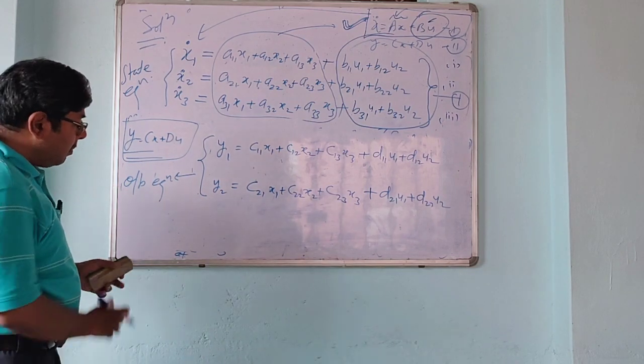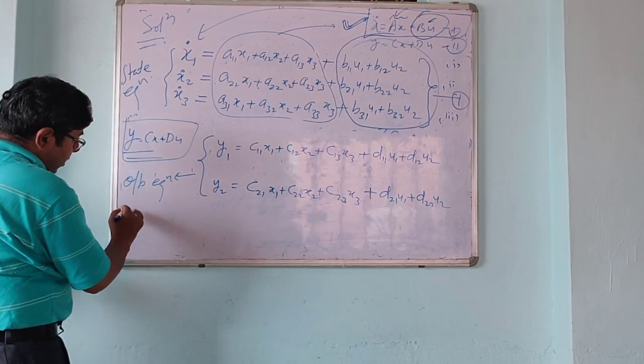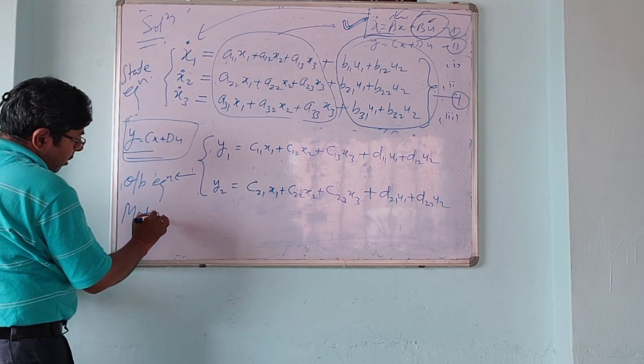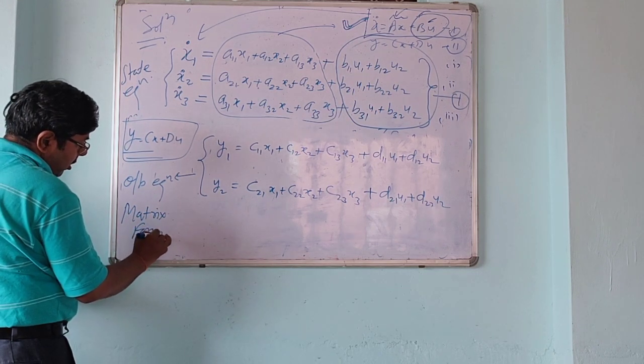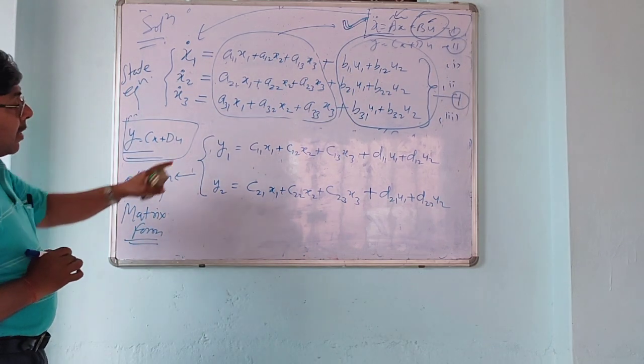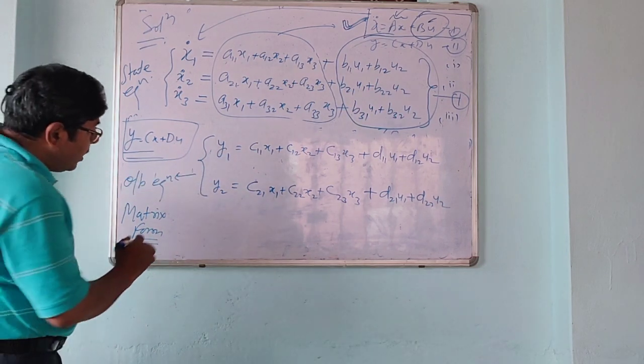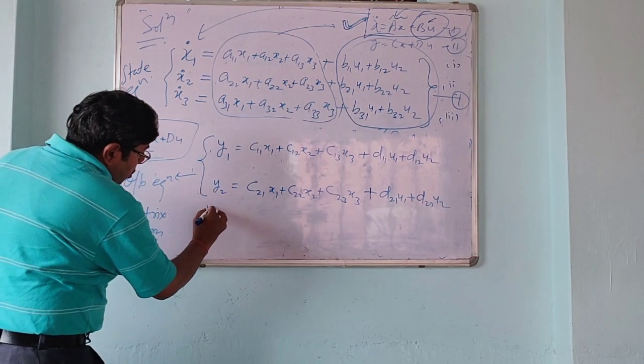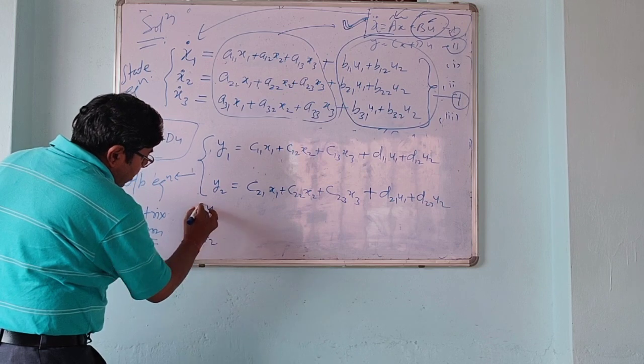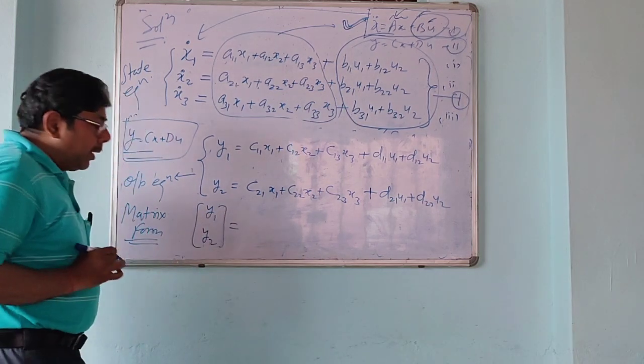And how can we represent this in matrix form? In matrix form, these two equations can be represented like this. You have two outputs, so a column matrix on the left hand side, y1, y2.